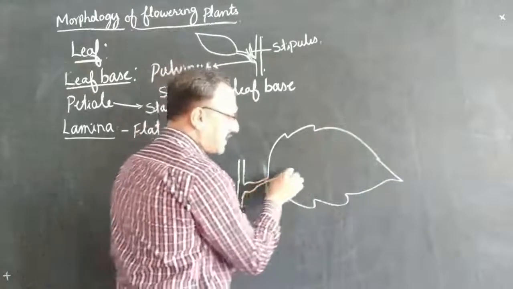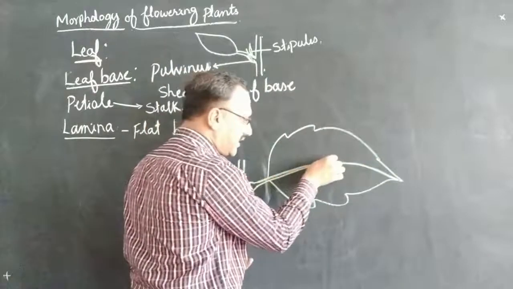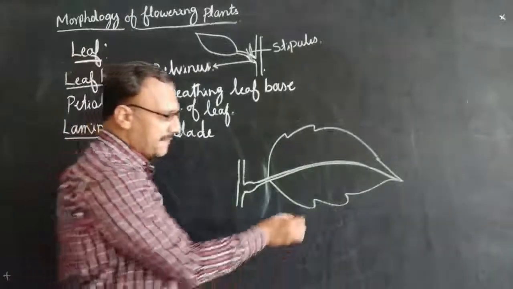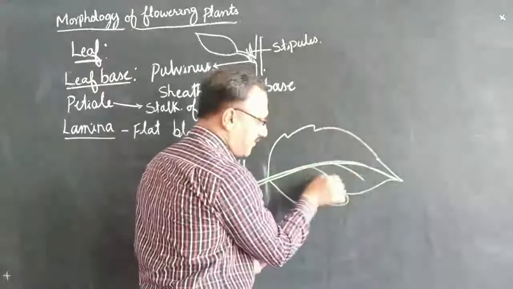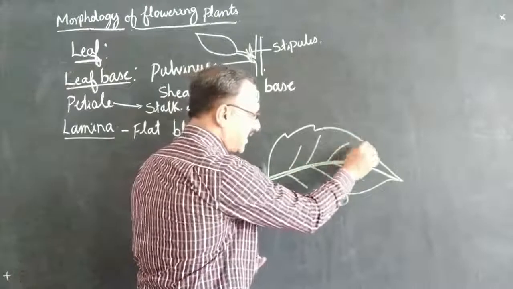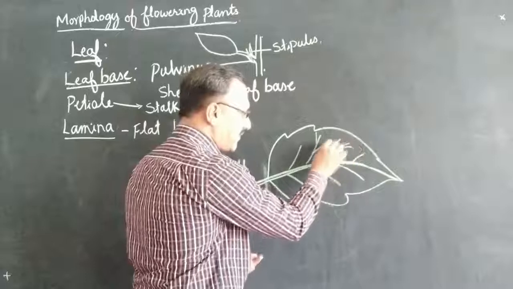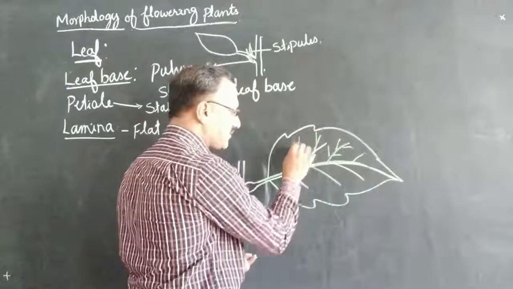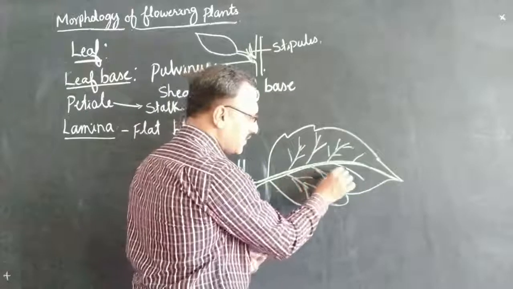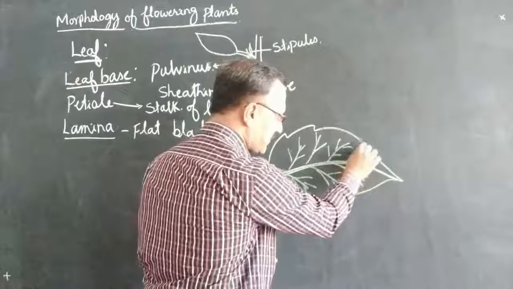The lamina is a flat blade-like structure where the petiole continues as the midrib. The midrib shows a number of veins arising from it, and the veins branch to form veinlets. A typical leaf shows different parts. This is for a 5 marks question.